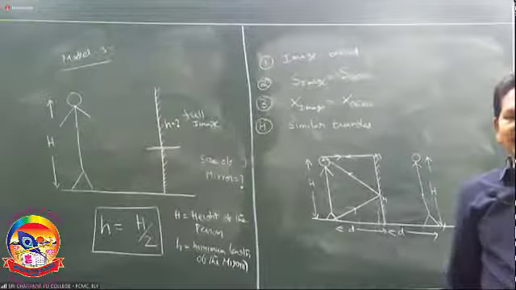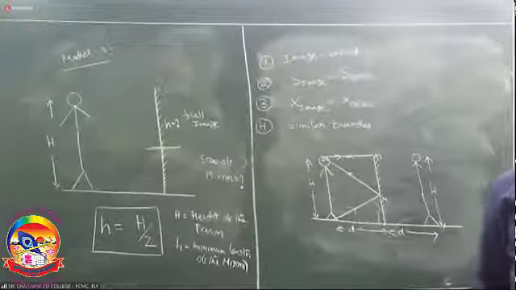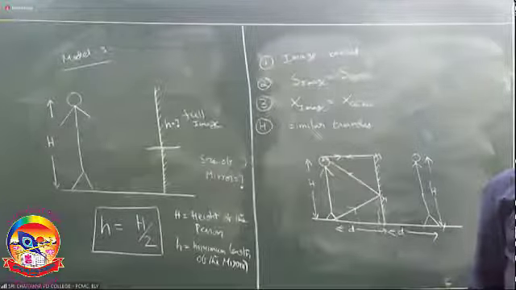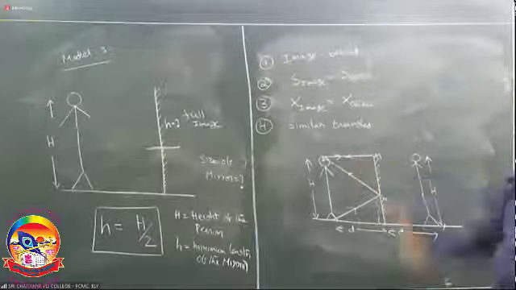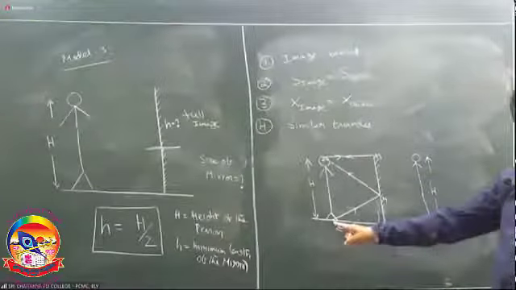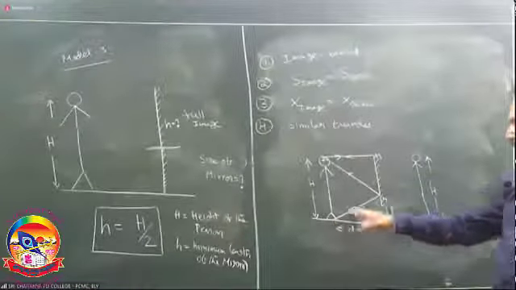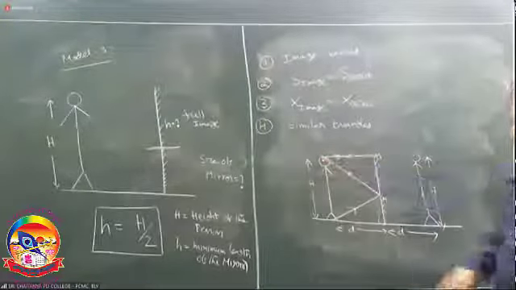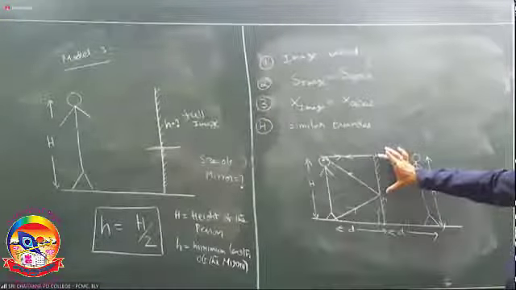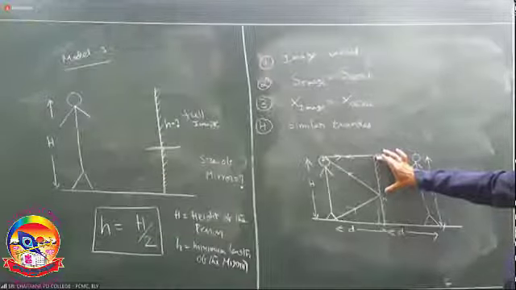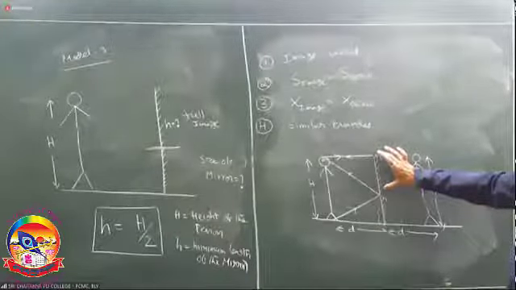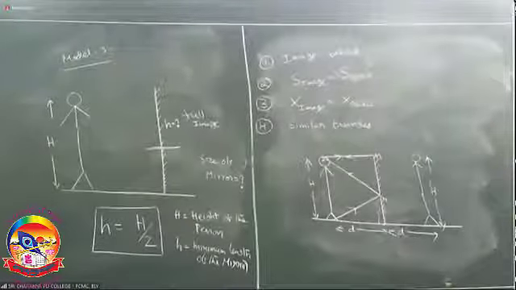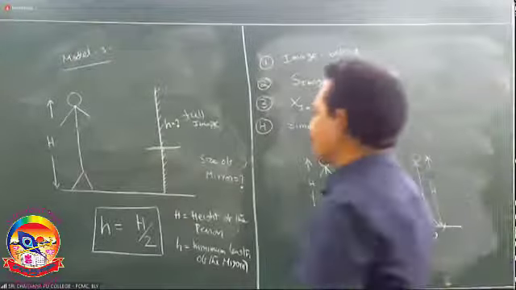One light ray from the top of the head to the eyes, and a second light ray from the foot of the person to the eyes. It should reach the eyes. So this is the mirror which is required to see the full image of the person.